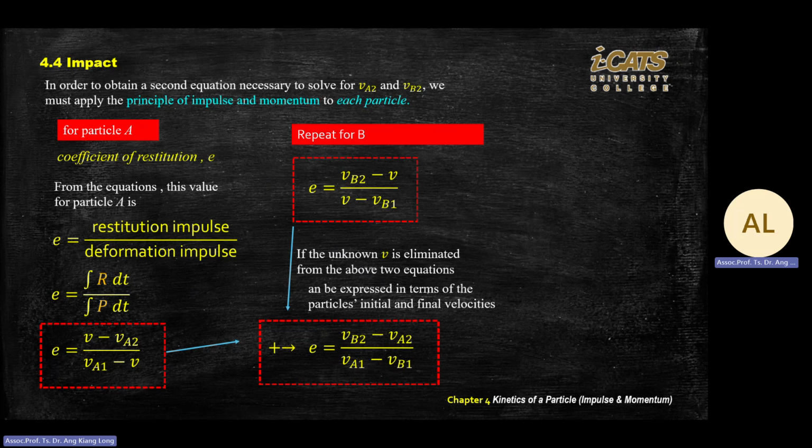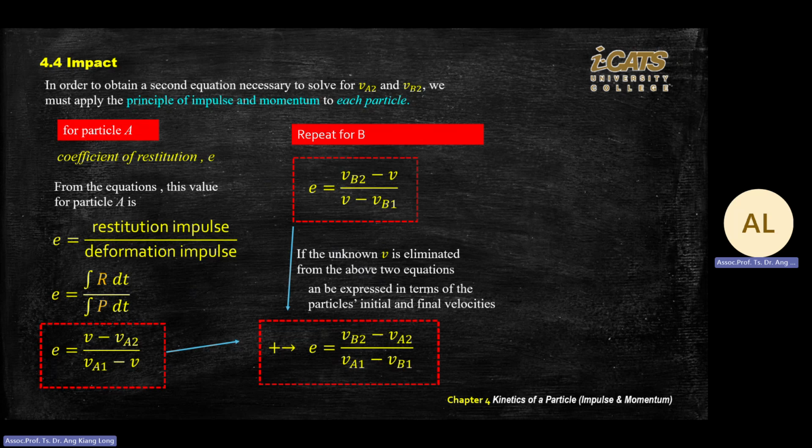At the end, you arrive at this one. E equal to VB2 minus VA2, final velocity of object 2 minus final velocity of object 1, divided by V1A and VB1. Means on the top is after, below is before.